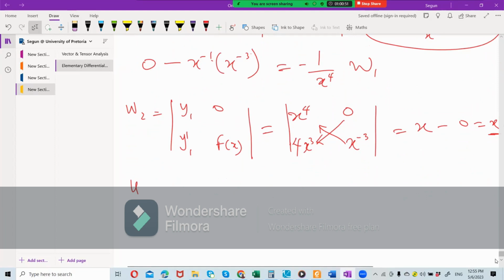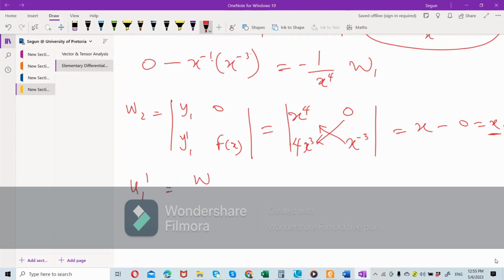Then our u1 prime is equal to what? u1 prime is w1 over w, which is the same thing as minus 1 all over x to the power 4 divided by what is w? Check your note. W is equal to what? W is equal to minus 5x squared. I think it's minus, right?